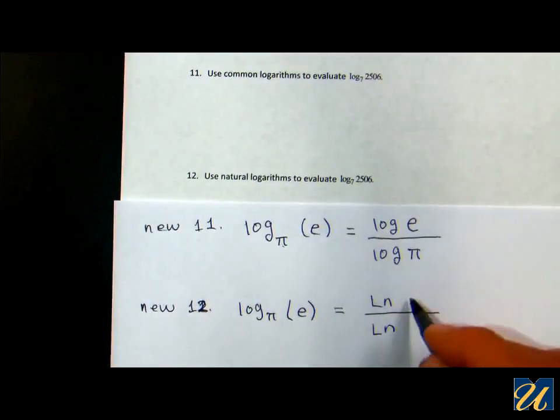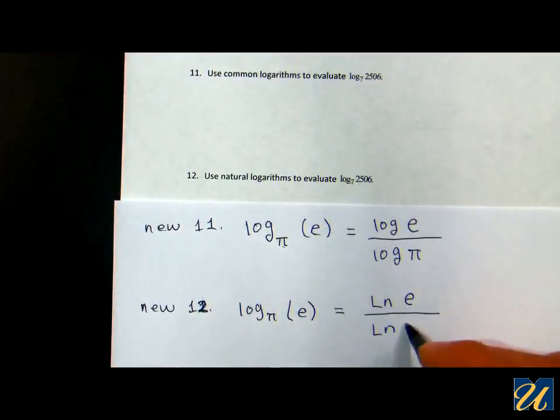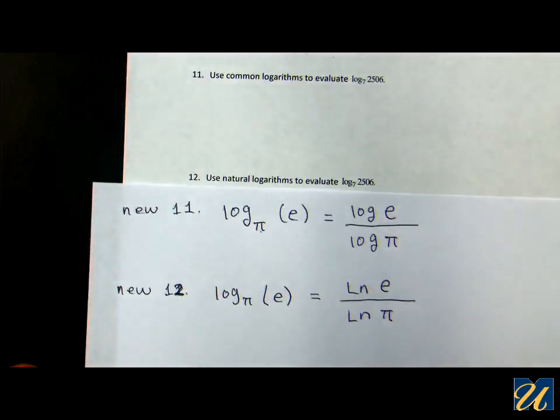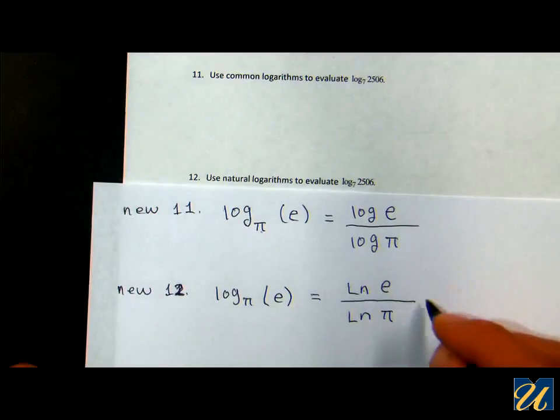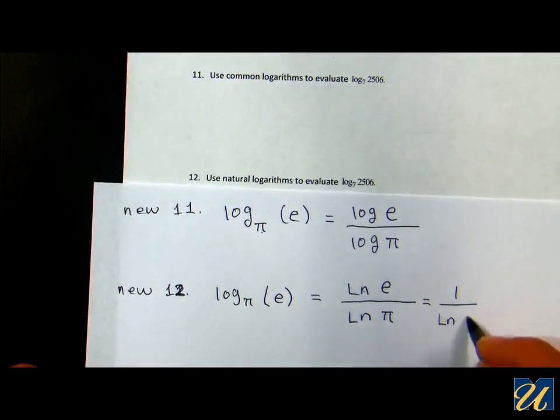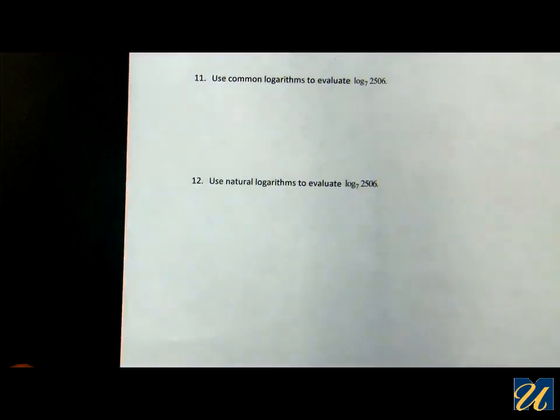So it's the log of m divided by the log of b. There you go. Now in this case, the natural log of e happens to be 1, so we could do one more line of simplification. 1 over the natural log of pi. And that's the conclusion of section 4.3 problems.